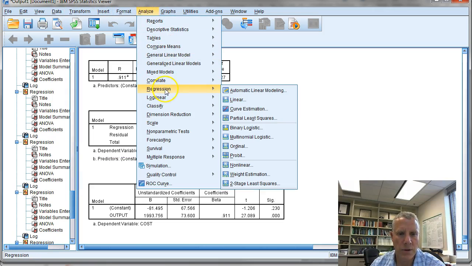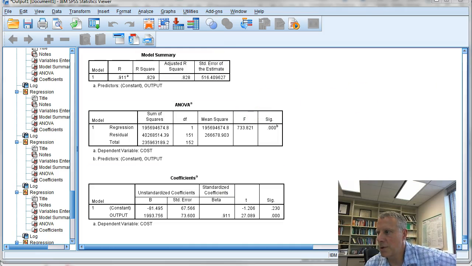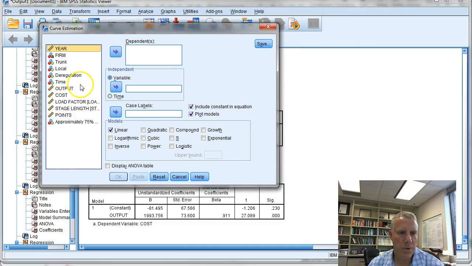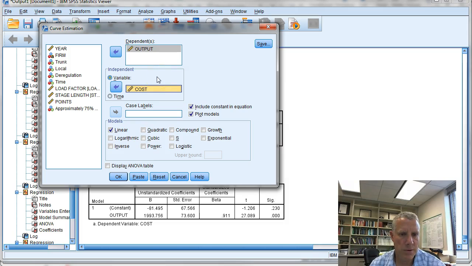Analyze, regression. I think now we can do curve estimations. We're not playing with logs. So our dependent variable is output, cost is the independent variable. And we can look at linear and quadratic and cubic. So there are our 3 functional forms. So we don't have to create variables. So click OK.